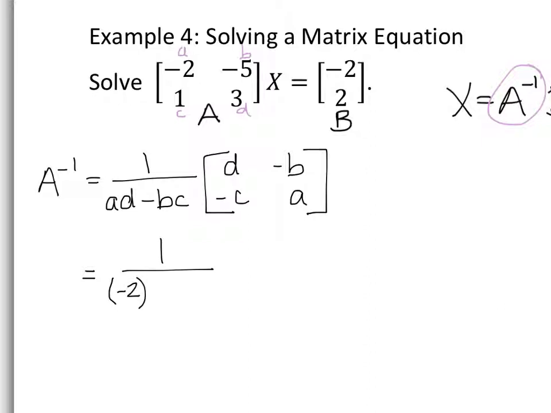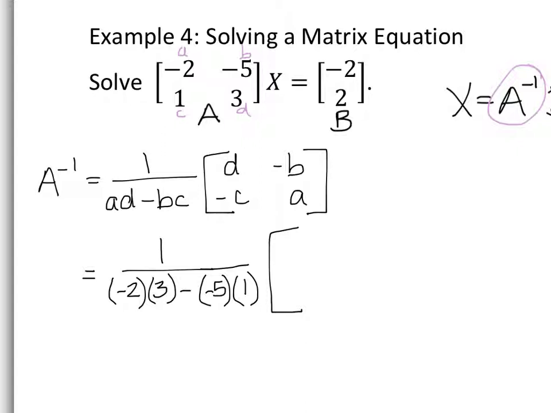Okay, what goes in the D spot? 3. Minus, what goes for B? Okay. What goes for C? 1. All right.